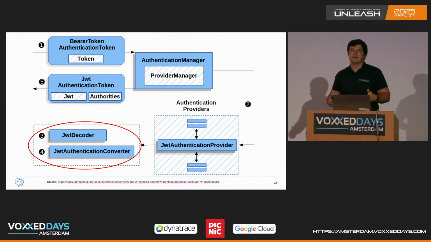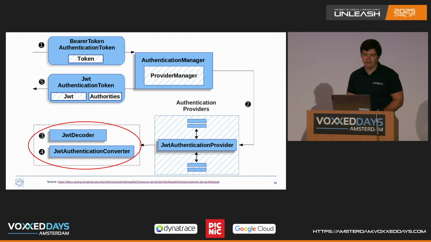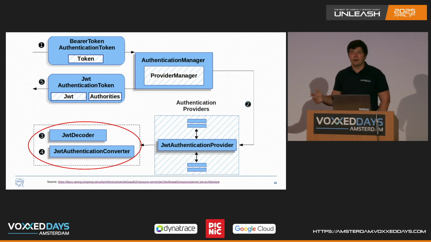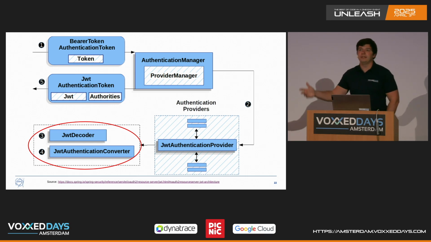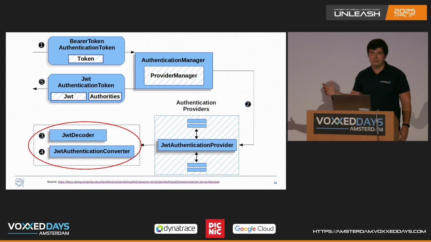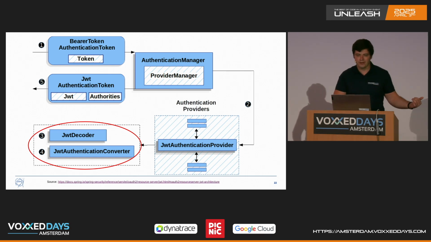And it turns it into some Java object that's actually useful and you can actually use in your work, right? And then there's this JWT authentication converter object, which basically says, OK, now that I have a generic object, I want to add these claims in different parts of my JWT object to be able to use it in the security context further on. So this is before you actually hit any of your methods in your code.